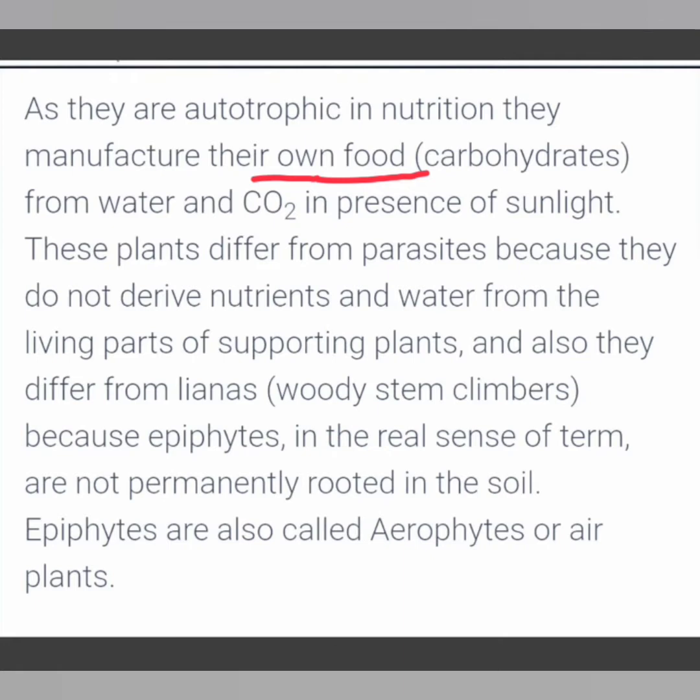That is why they are different from parasites, because parasitic plants also grow upon other plants, but they derive nutrients and water from the living parts of the supporting plants. But epiphytes make their own food. So they are different from parasites in that way.